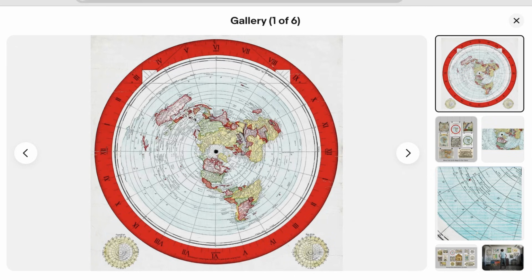But what about the flat Earth? This is, of course, the Gleason map, which is commonly used in the flat Earth community, and you'll notice that the lines of longitude extend radially out from the central point, which is the North Pole, that black dot. This actually works as far as using degrees to talk about lines of longitude.